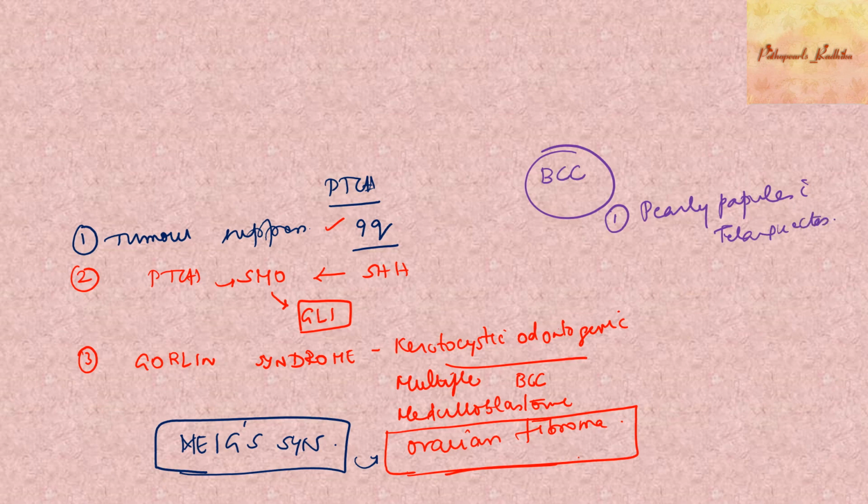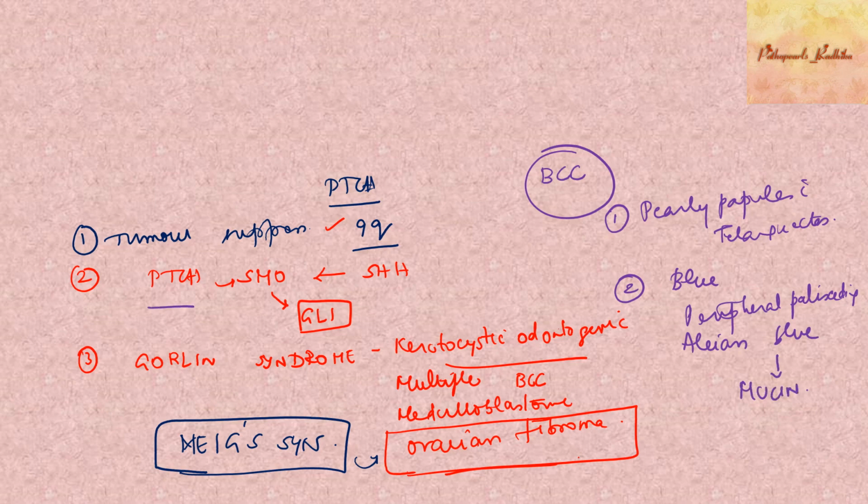Then microscopically you have a blue looking tumor, basaloid cells with peripheral palisading, and a mucinous stroma which can be highlighted by Alcian blue, which is a special stain for mucin. So the important take home point is PTCH mutation leads to Gorlin syndrome, which can cause multiple basal cell carcinomas. That's the most important thing which you should take home.